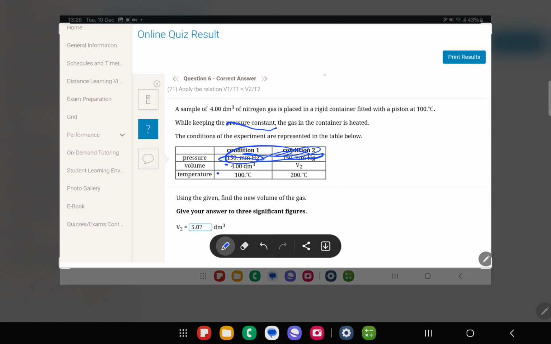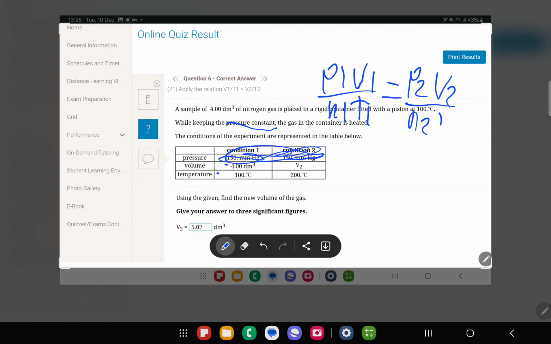Okay, so we have P1 V1 over N1 T1 equals P2 V2 over N2 T2. Now that pressure is constant, we cross out pressure, and moles is not given again, so we cross it out. So now we're left with V1 over T1 equals V2 over T2.